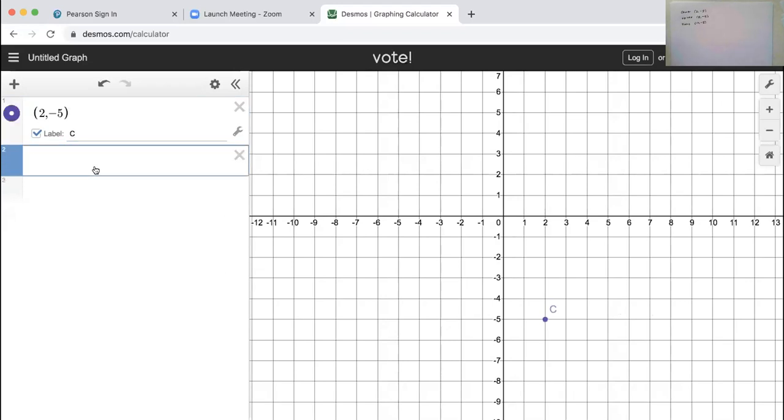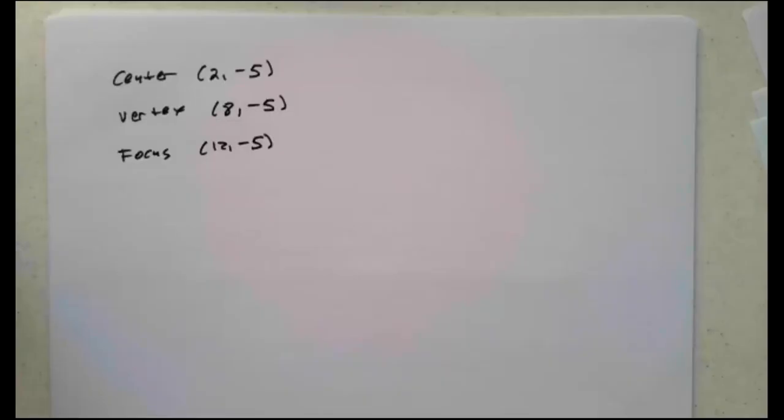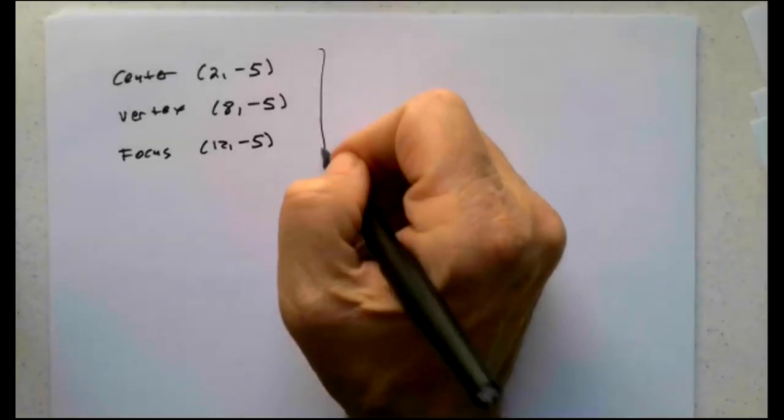So the vertex is 8, -5. That is our vertex. So you'll notice it's on the same horizontal line with the center. So that tells me the transverse axis is horizontal. So we know that.